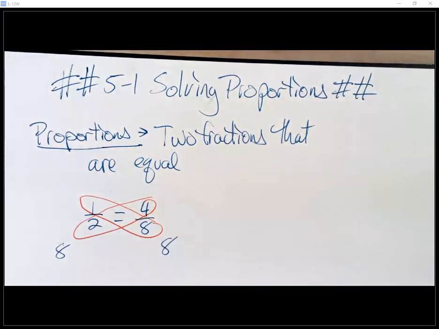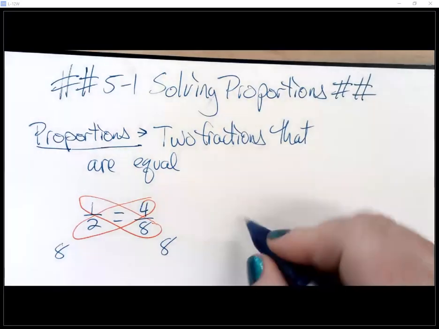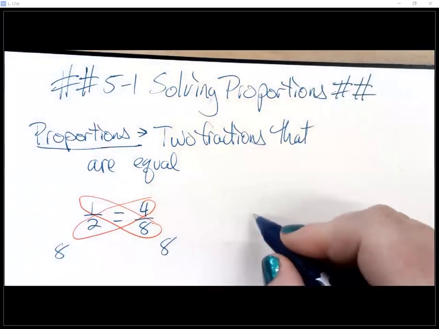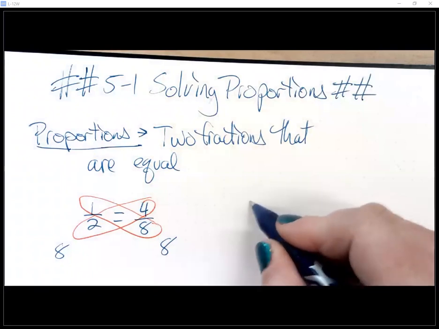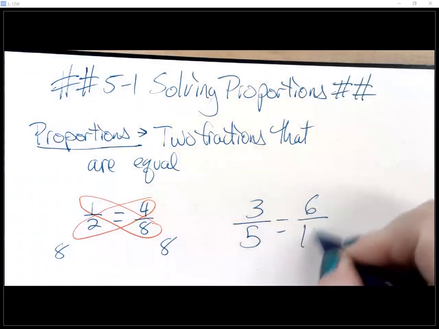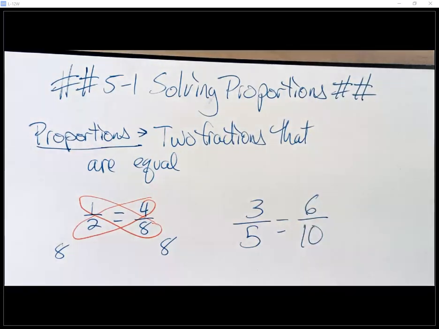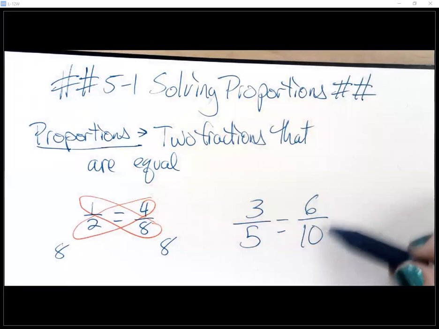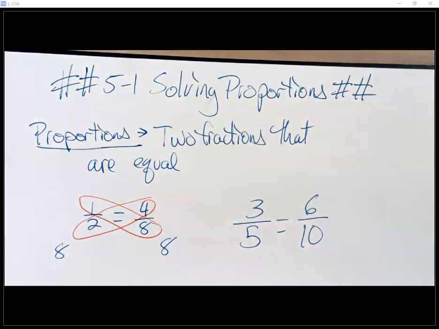I don't know. Let's try another proportion. Let me try something like, how about 3/5 and 6/10? Those really are the same fraction. If I reduce 6/10, I get 3/5. So these are two fractions that are equal to each other.